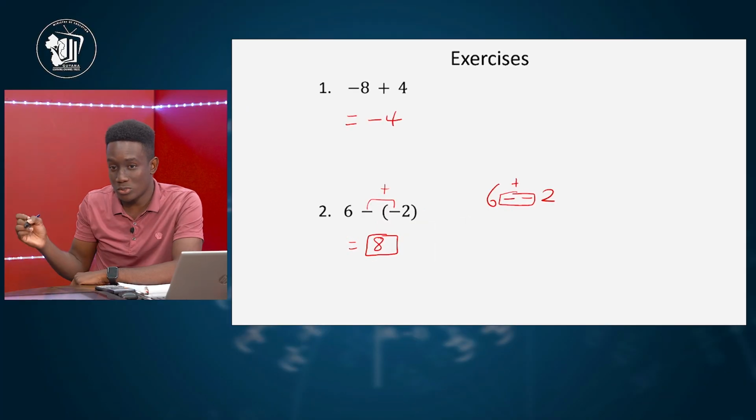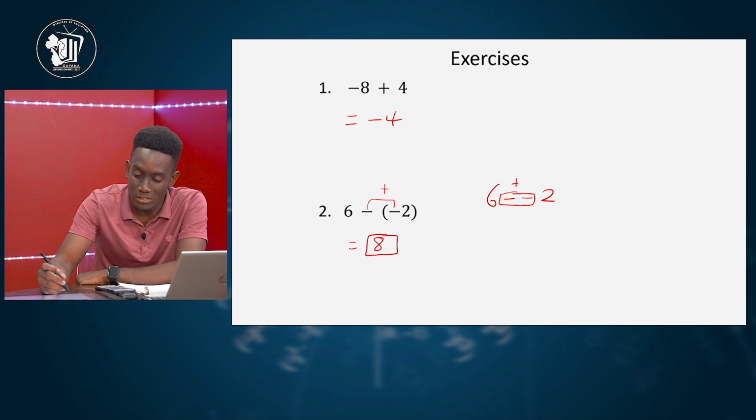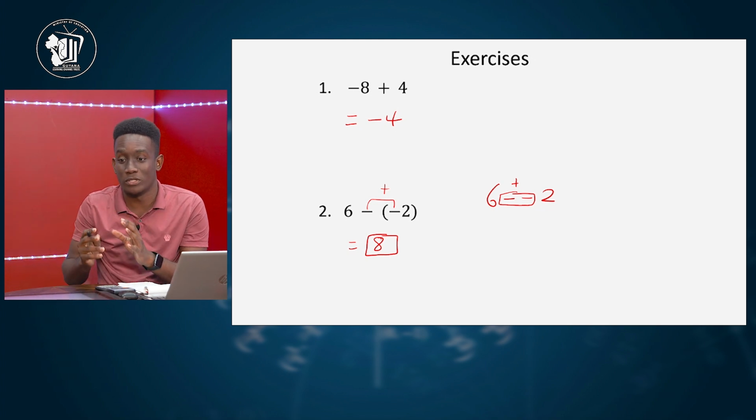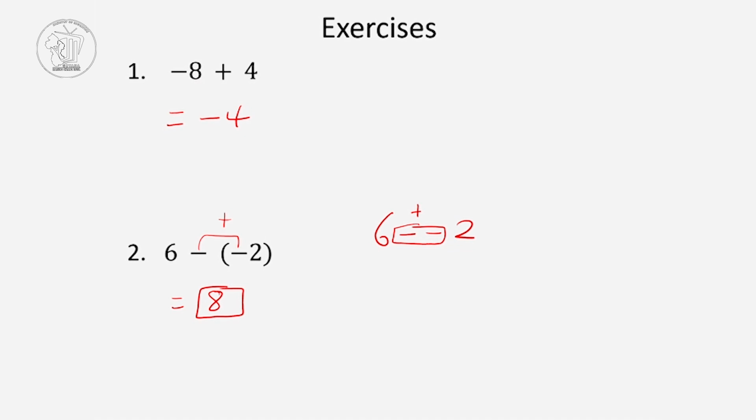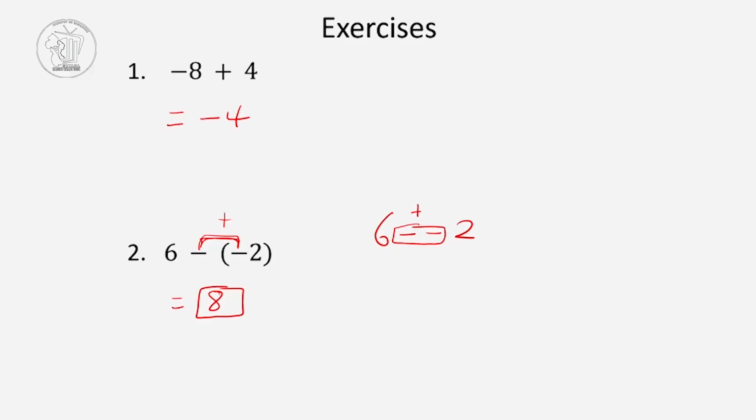So 6 plus 2 is the same as 6 minus negative 2, because the two negatives will cancel out and give you a plus. And this rule will only work when you have the two signs together like this without anything in between them. You see how you have this negative and there's a bracket in between them? The two signs will cancel out. It cannot work if you had something like negative 6 minus 2. Those two signs cannot cancel out because the 6 is separating them.